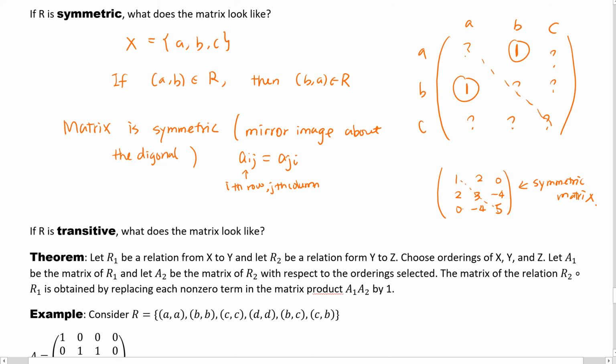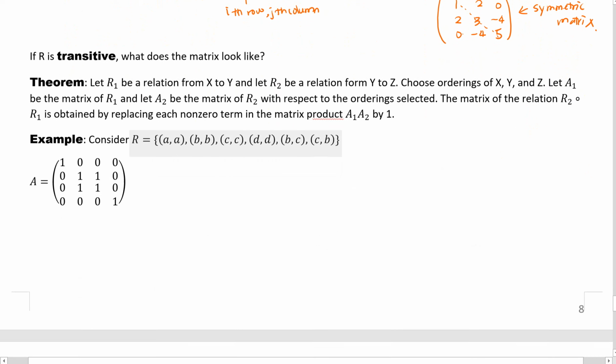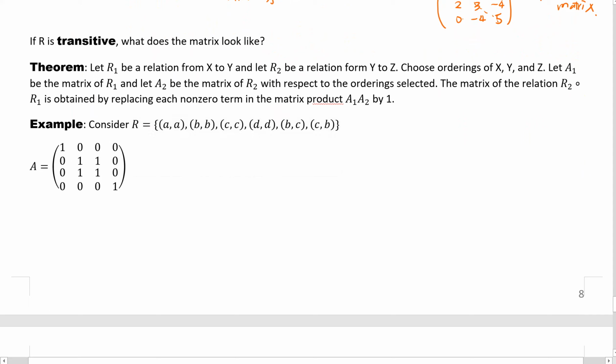Next, if the relation is transitive, what does the matrix look like? Here we have a theorem. Let R1 be a relation from X to Y, and let R2 be a relation from Y to Z. Fix orderings of X, Y, and Z. Let A1 be the matrix of R1, and let A2 be the matrix of R2 with respect to the orderings selected.